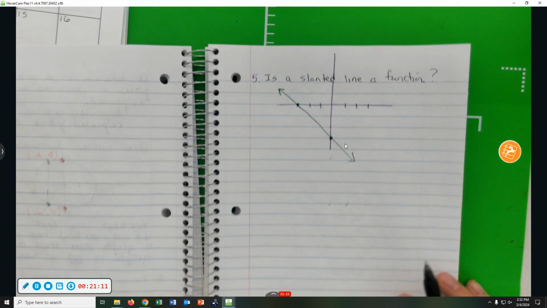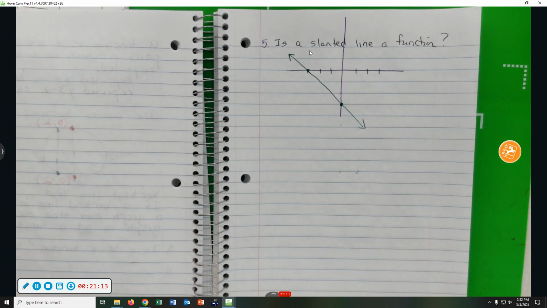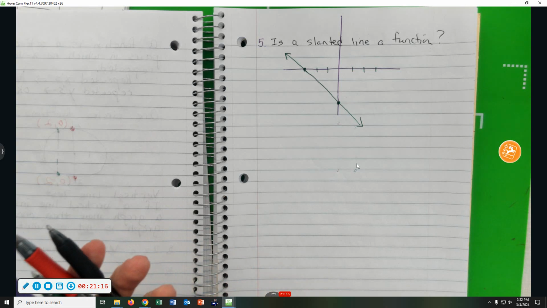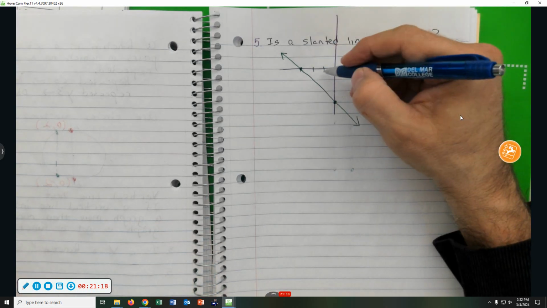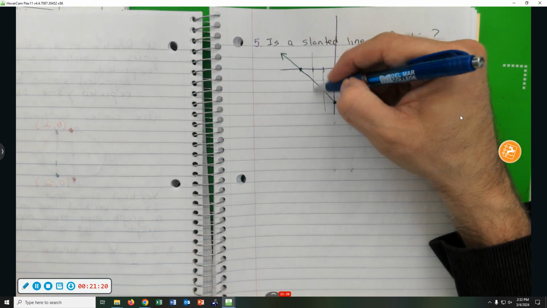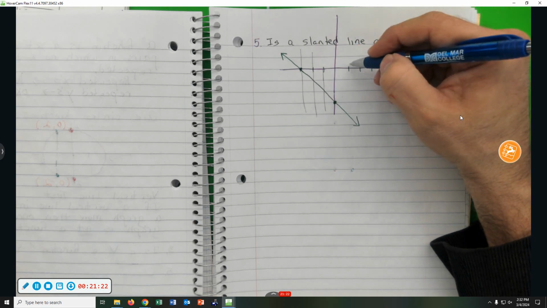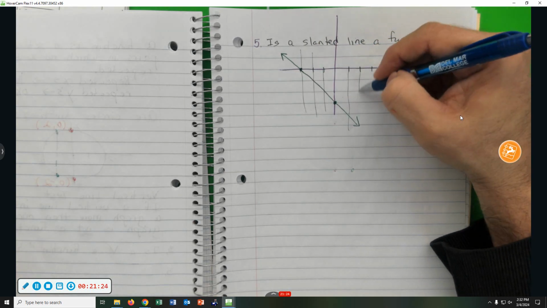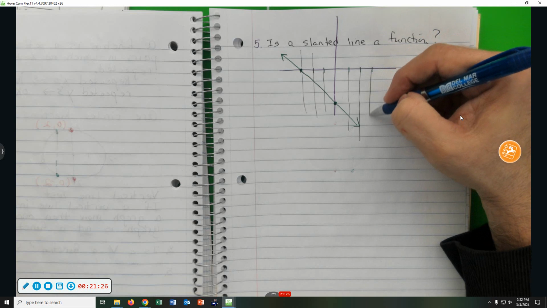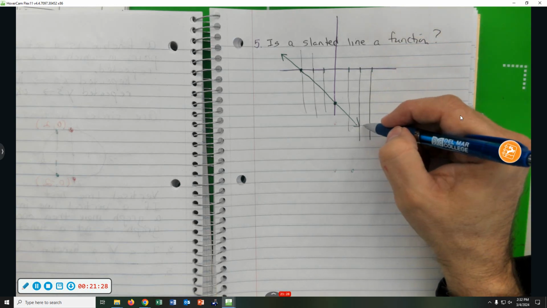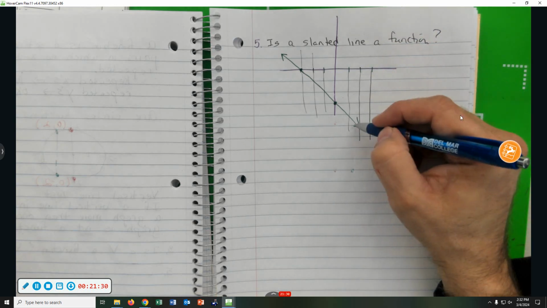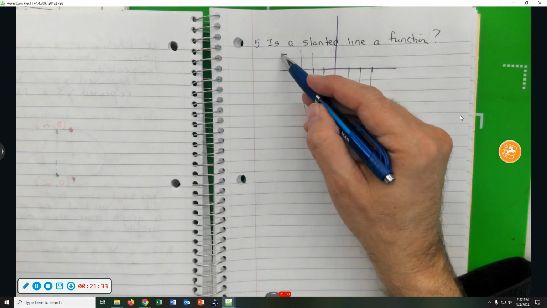Well, if you draw a slanted line, vertical lines through that slanted line, will you hit it twice? Will you ever hit that line twice? The only way you could hit that line again would be if it turned around. Do y'all see that? If it turned around, then okay.